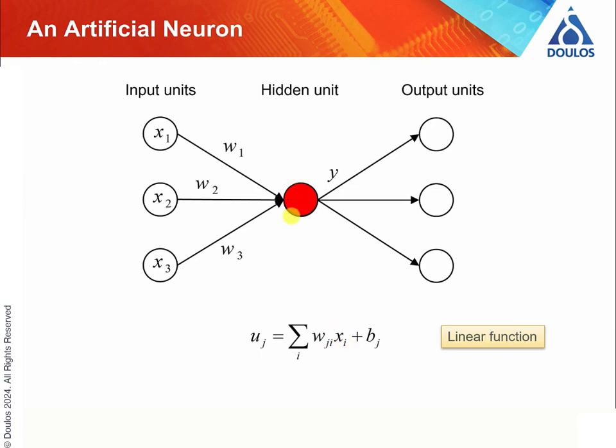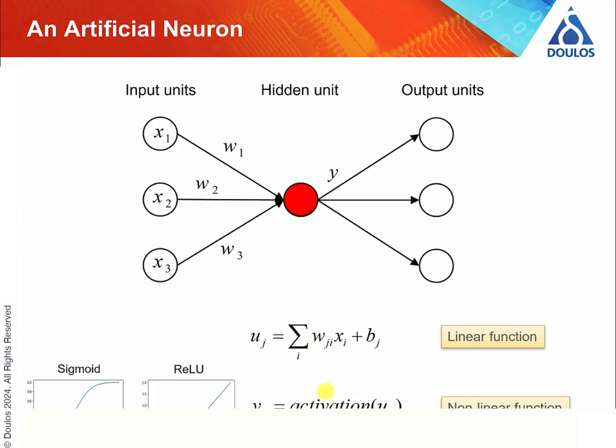So in this case, this particular hidden unit is performing a weighted sum of the X values, the values from the inputs here. W and B represent our weights and biases, which are trainable parameters that we're going to adjust during the training process. So each neuron performs a linear calculation followed by a non-linear part, a so-called activation function.